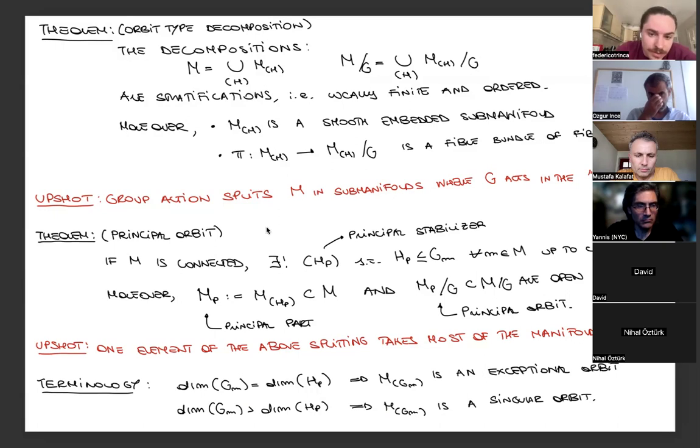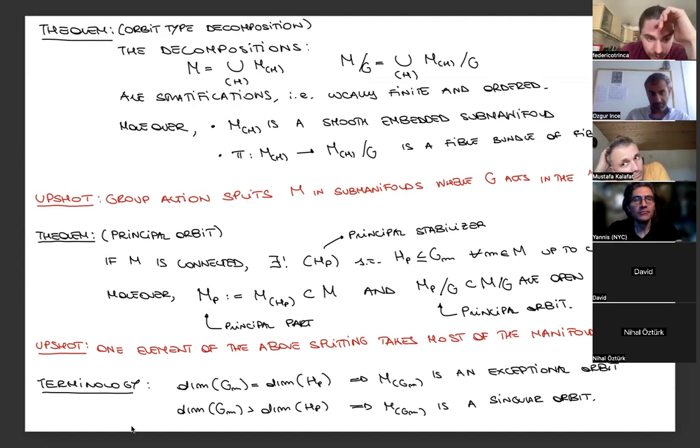So if M is connected, then there exists a unique conjugacy class, the principal stabilizer class, which is a subgroup of all the stabilizers up to conjugacy, and the stratum induced by this principal stabilizer is open, dense, and connected both in the manifold and in the orbit space.